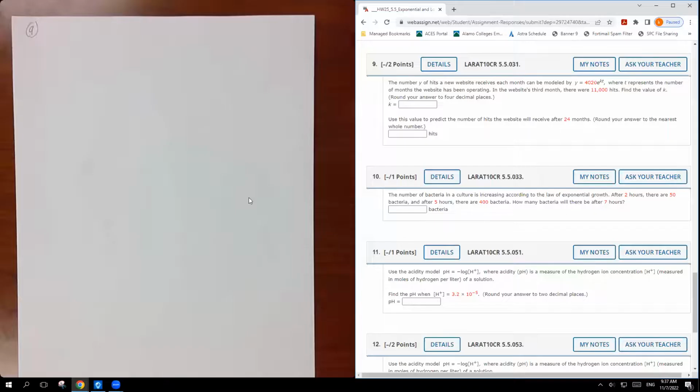So with example 9, there are two parts. The number of hits a new website received each month can be modeled by this formula. You see there is a K here because we're not working with interest. K is the growth and decay element. So here is the formula we're going to use.